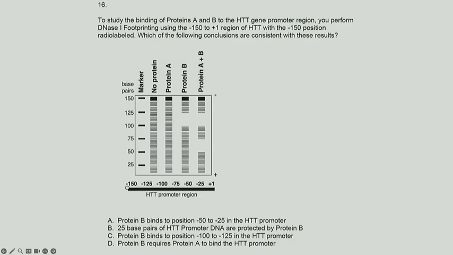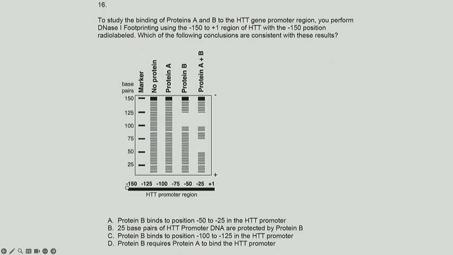I'm seeing one nod, and I'm going to take the nod because, yes, if the protein binds right here, you are protecting the longer fragments. You are protecting the fragments that are going to be 100 base pairs going all the way to 125 base pairs, right? You have to do your subtraction from the -150.